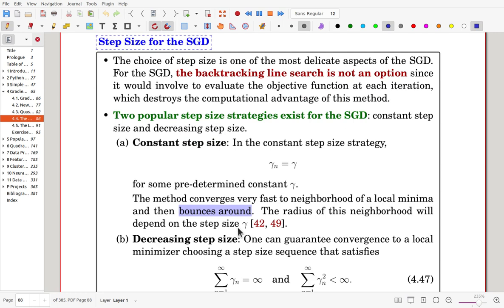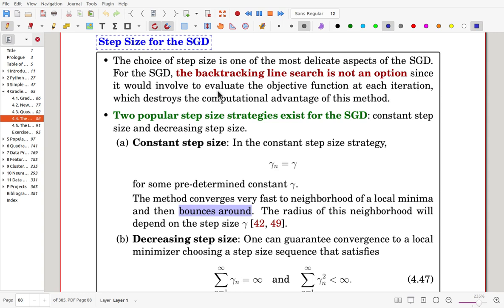Now, the choice of step size for the stochastic gradient descent method is quite a delicate issue. For the method, backtracking line search is not an option, because line search would involve evaluating the objective function a few times at each iteration.